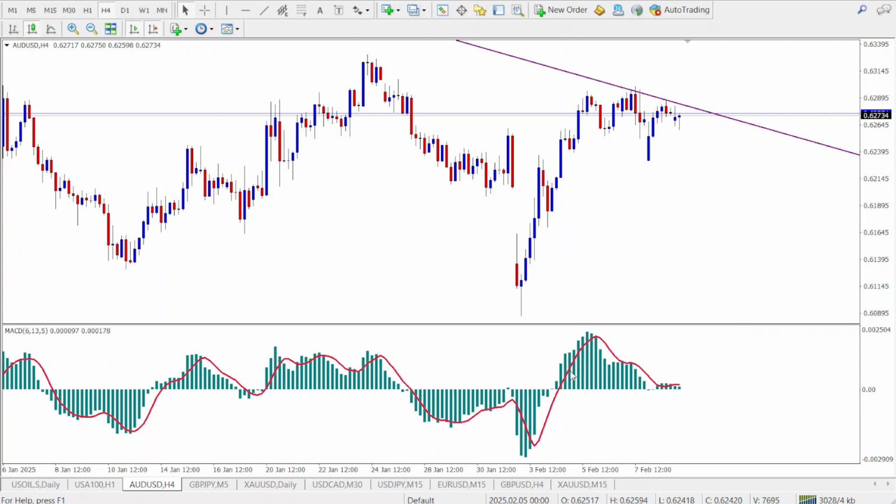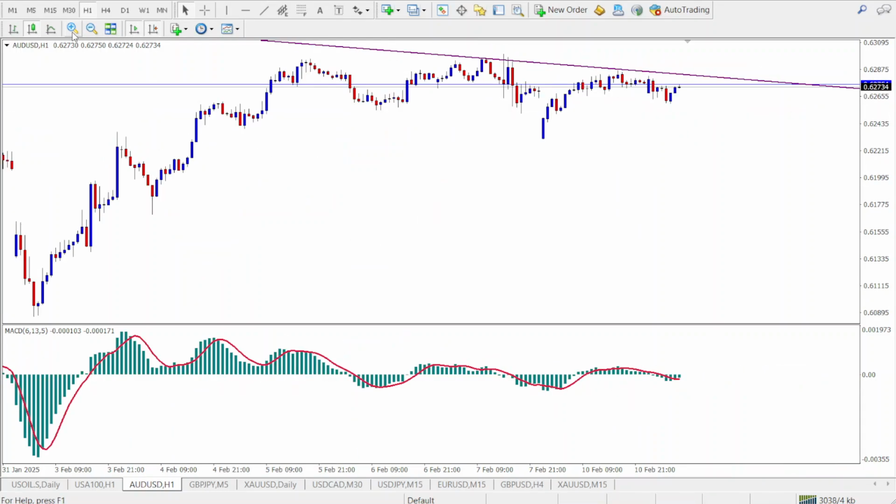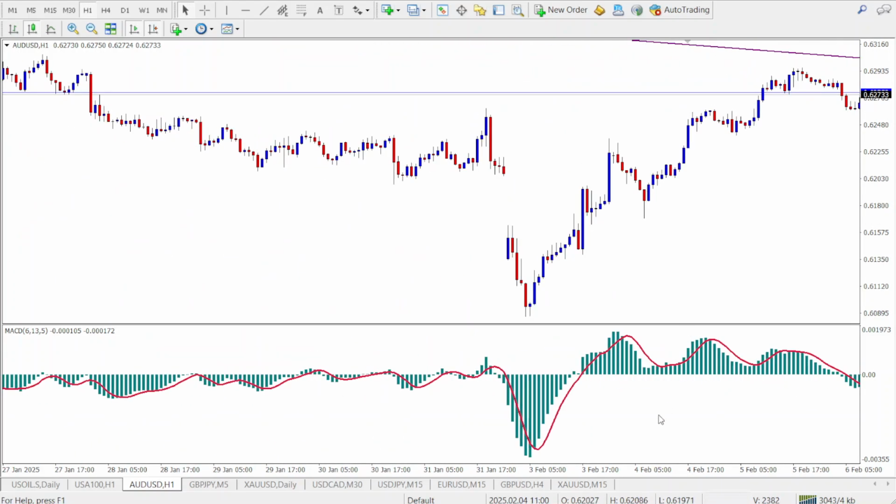The histogram should be going in the direction of your trade. For example, since we identified that the general trend on the higher time frame is a sell trend, you'll be looking for sell opportunities. Look out for sell opportunities when the MACD line crosses below the signal line, and the histogram bars go in the direction of the crossover. It shows that there is bearish momentum. Then you can enter a sell in the direction of the trend.